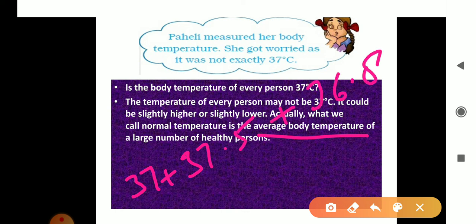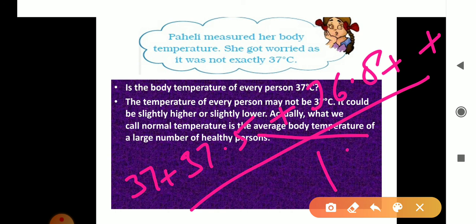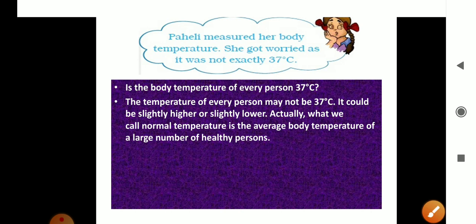Then of the 10, we will add the temperatures. Then we will take the average, then it will be approximately 37 degree centigrade. Then there is no need to be worried if your temperature is not exactly 37, it may be 36.8, 36.9, and it may be 37.5, etc. Then no need to worry.